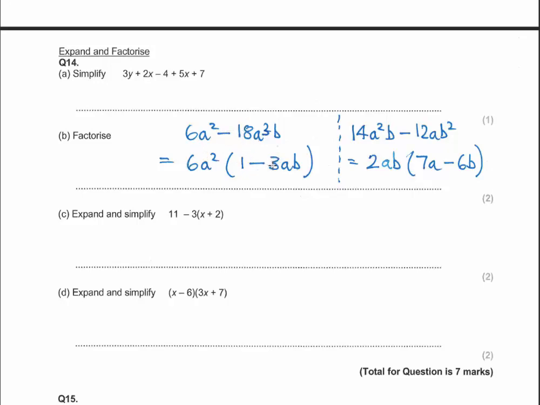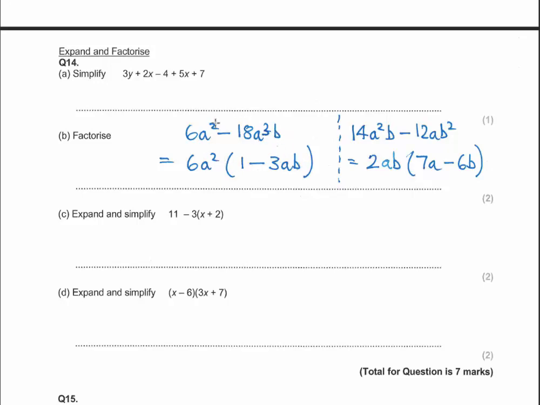So that 6 times 3 makes 18. I need a cubed. I've got a squared. I'll need an extra a. I need a b. I haven't got one, so I'll need one here. A squared times a makes a cubed, and times b makes b.